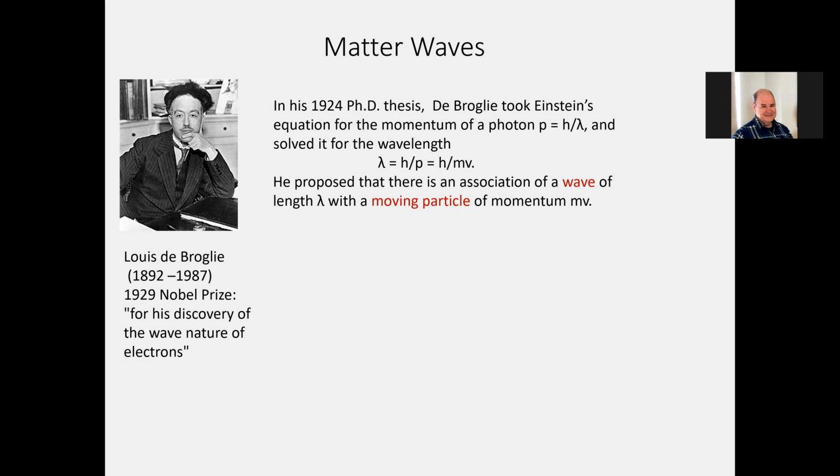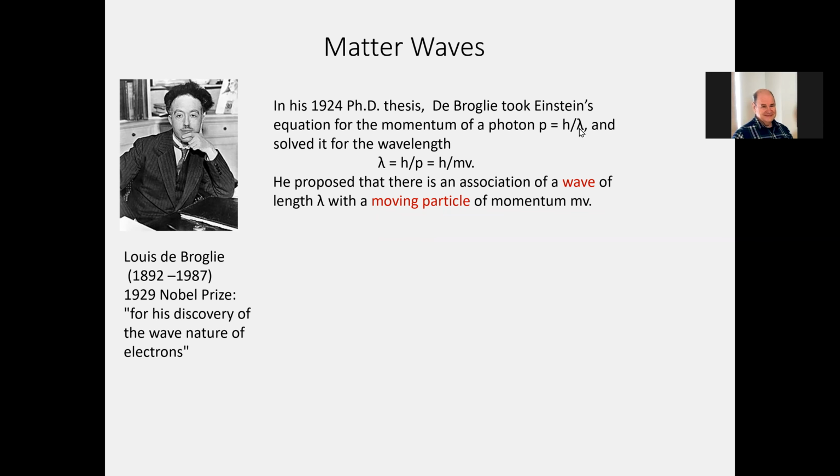Okay. So de Broglie has this idea as a graduate student that if you take a look at Einstein's equation for the momentum of a photon, photons have wavelengths. The momentum of a photon is Planck's constant over its wavelength.